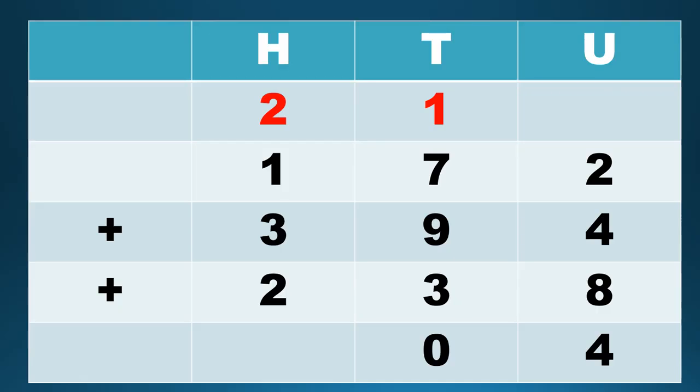The answer is 20. So 0 remains in the tens place, and we take the 200s to the hundreds place, because 20 tens is what? 200s. So we have 1 plus 3 plus 2 plus 2, which is the carryover. So the answer is 8. So our answer altogether is 804.